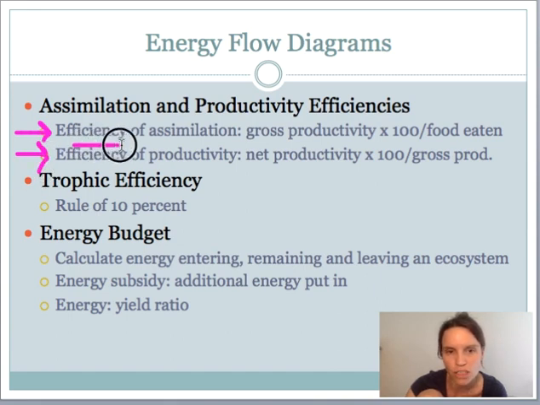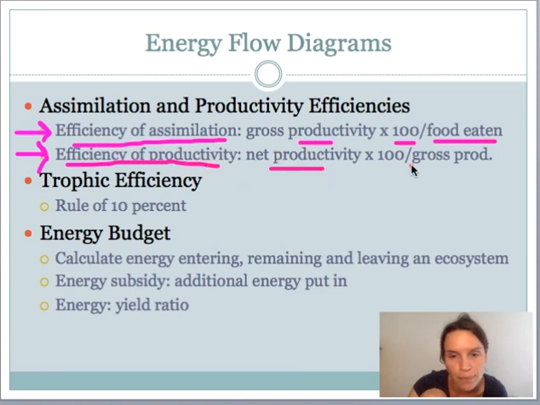So we look at efficiency of assimilation of energy, which is gross productivity times 100 divided by the food eaten. And we look at efficiency of productivity, which is net productivity times 100 over the gross productivity. So how efficient is each level of production?